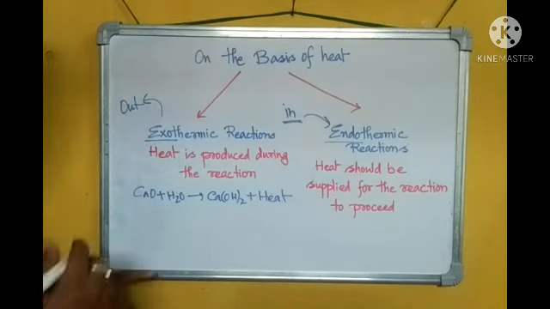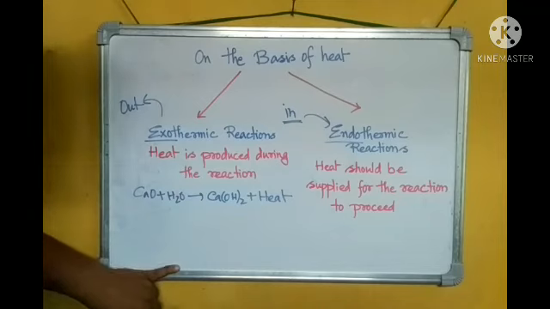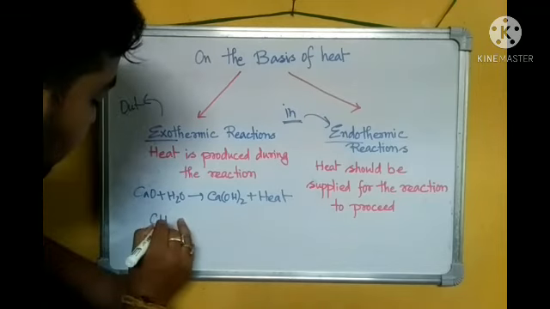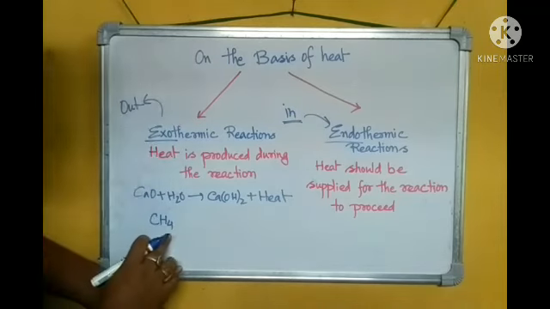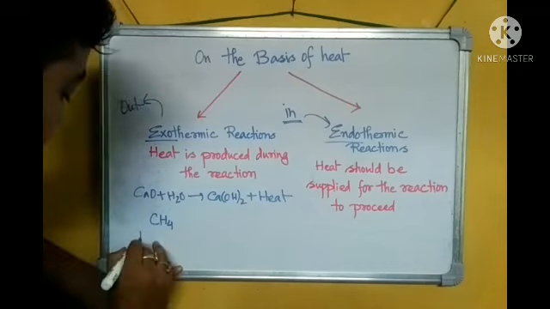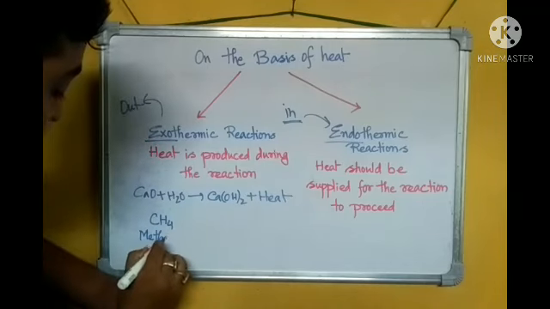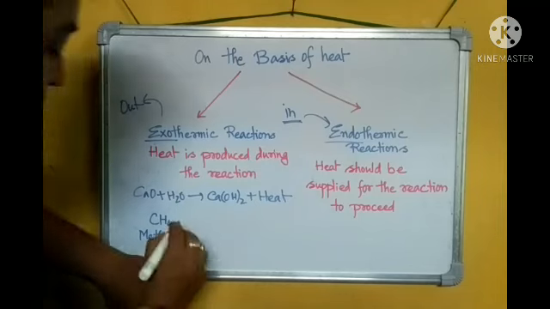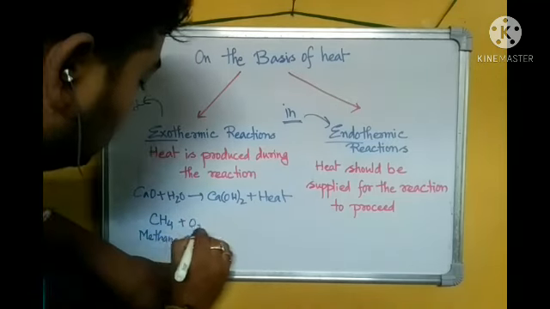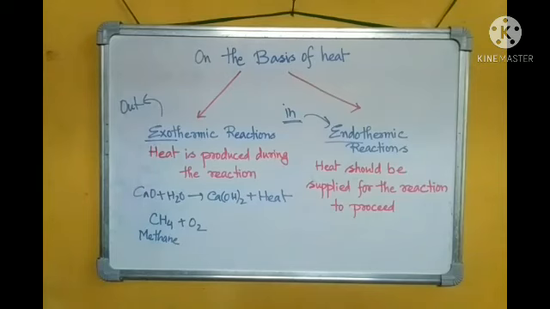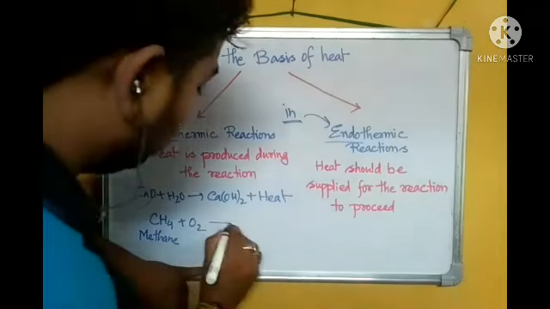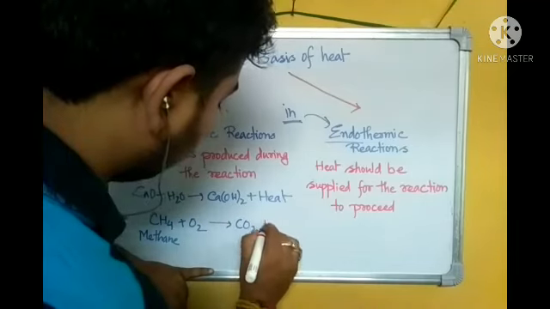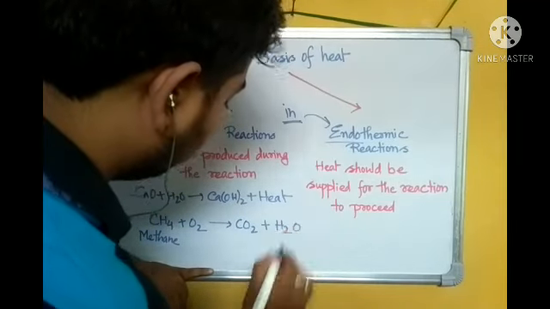Again, consider the burning of natural gas. What does natural gas contain? Methane, CH4, this is the formula for methane. While burning we need oxygen present in the air, and we get carbon dioxide plus water.